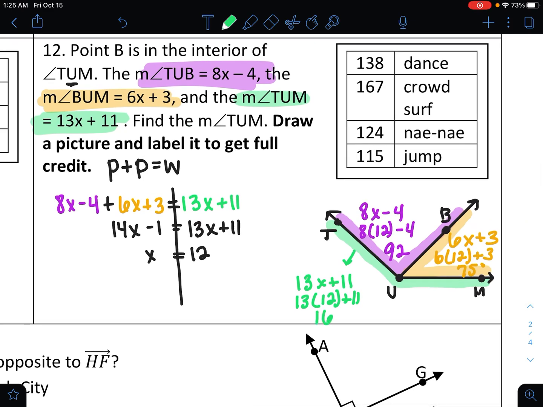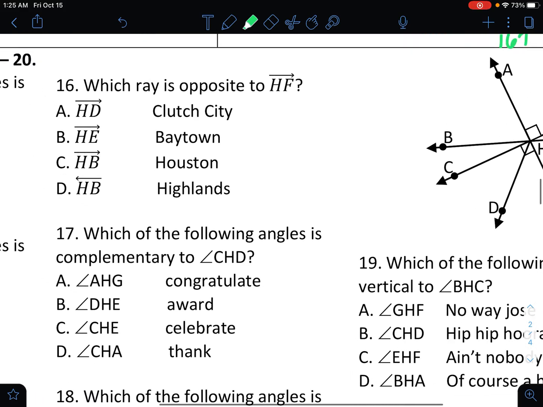All right, 167. And 92 plus 75 is 167, so we are good. But let's see, it asks for the whole thing. Okay, so it's the whole thing, so the answer is 167. So for number 12, you're going to write crowd surf.